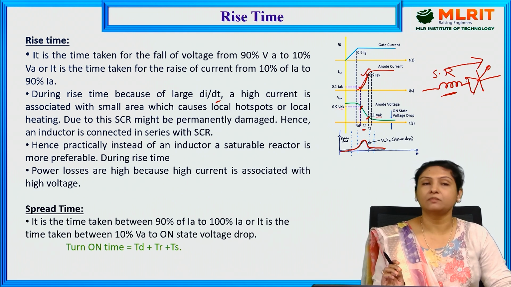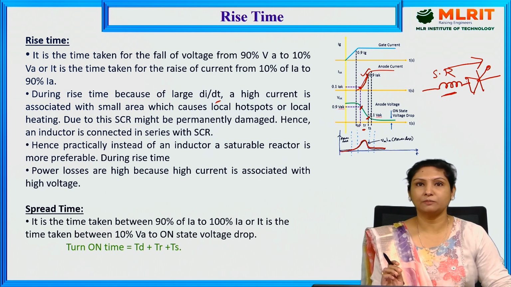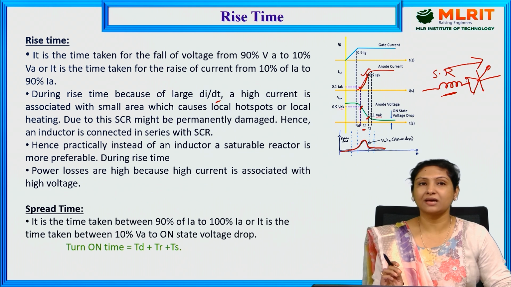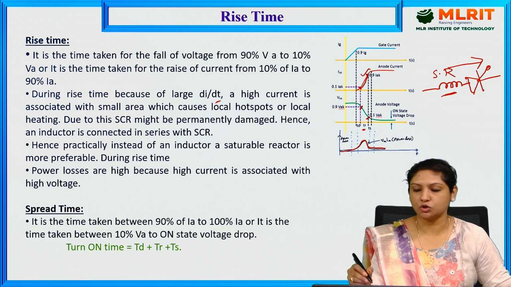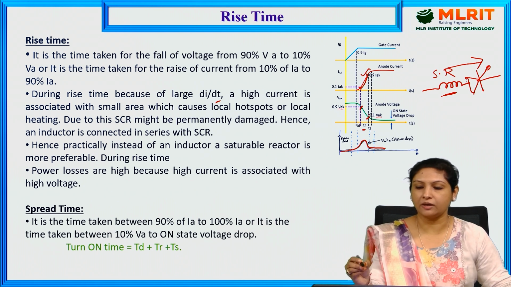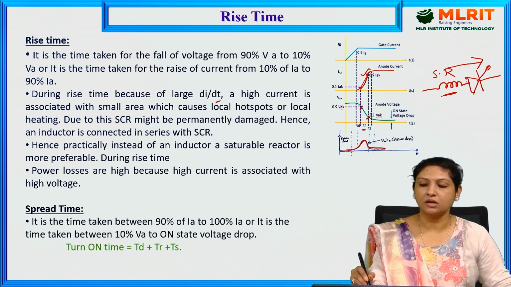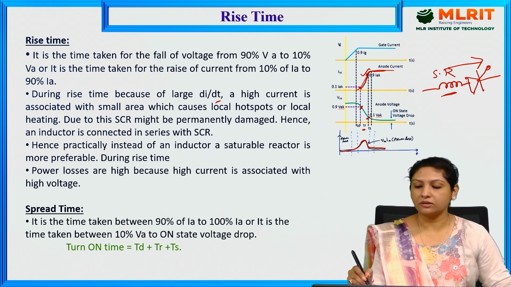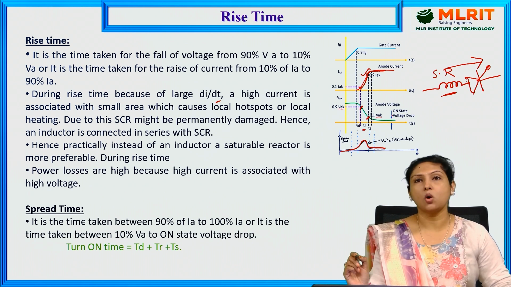Coming to the spread time, it is the time taken between 90% of Ia to 100% of Ia, or the time taken between the voltage 10% to the on-state voltage drop. That is, during spread time, the anode current reaches from 90% to 100% of its final value, or otherwise, it is also defined as the time taken by anode voltage to go from 10% of its final value to the on-state voltage drop.